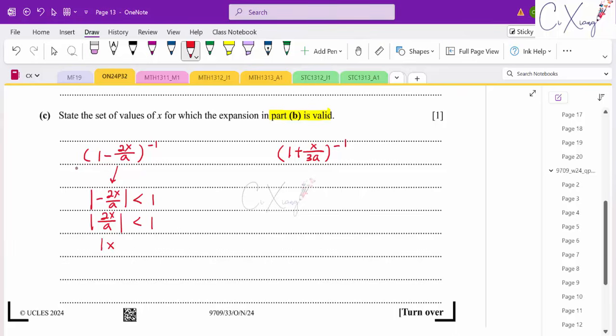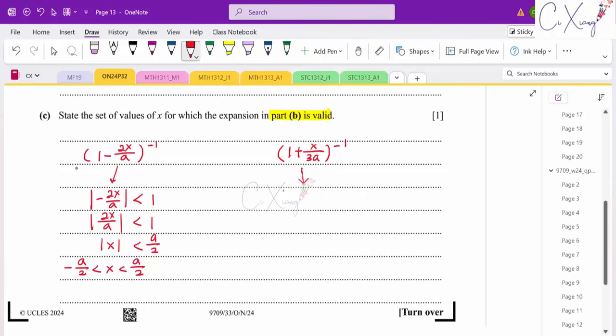If I want to keep x here, because a and the 2 are positive values, when you move them over, you get modulus x smaller than a over 2. So if you want to expand this one, x should be from negative a over 2 to a over 2.